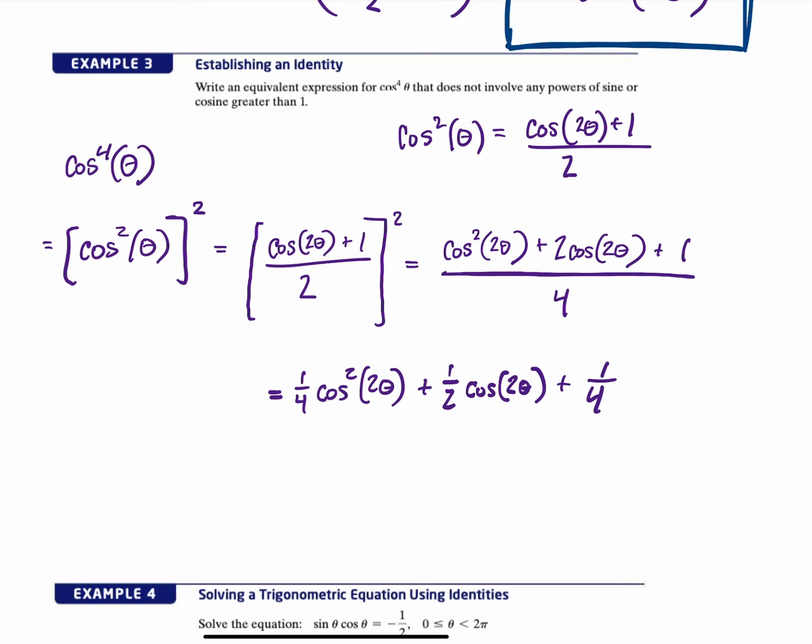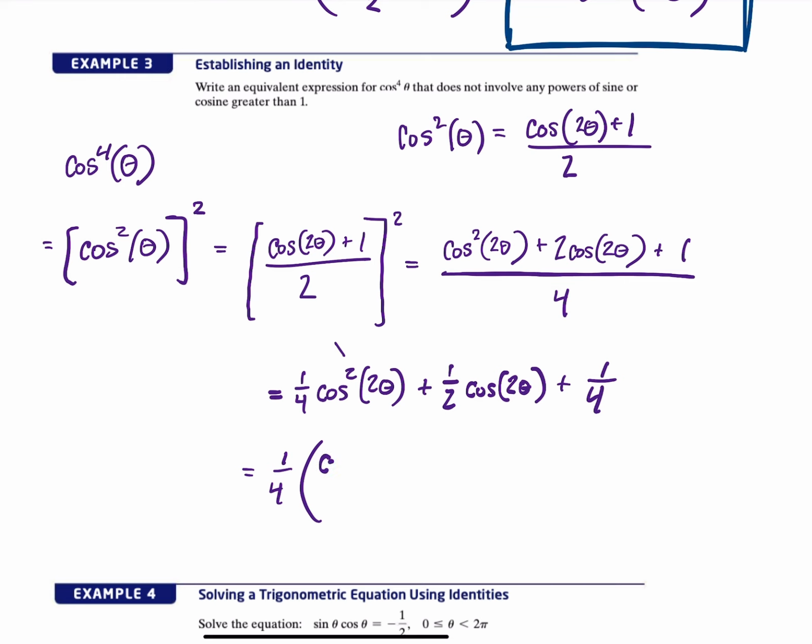Alright, now let's apply the same identity, this one that we used here, to this cosine squared of 2 theta. So this will become 1 over 4 times, now notice here, if we're inputting 2 theta inside, then this should show up as twice that angle, or in our case that would become 4 theta.